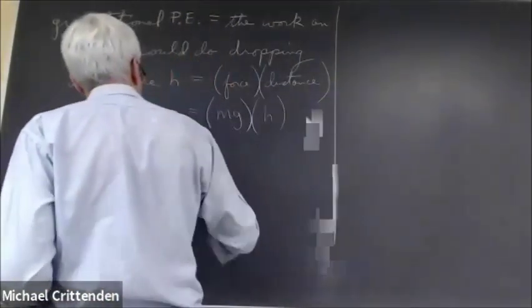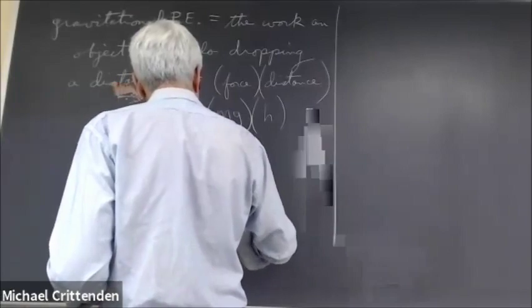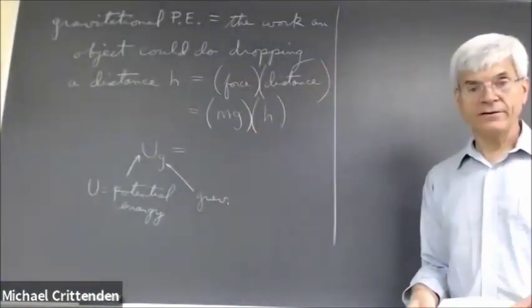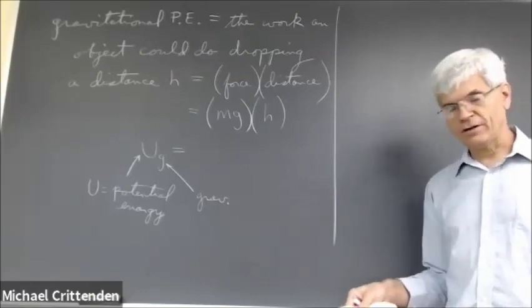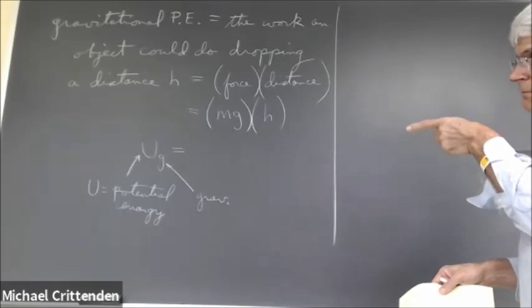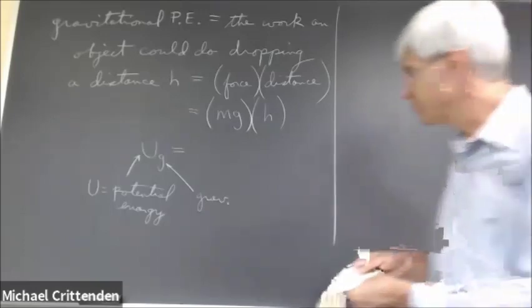And the subscript, because there are different kinds of potential energy, elastic potential energy and so on: U_G for gravitational potential energy.